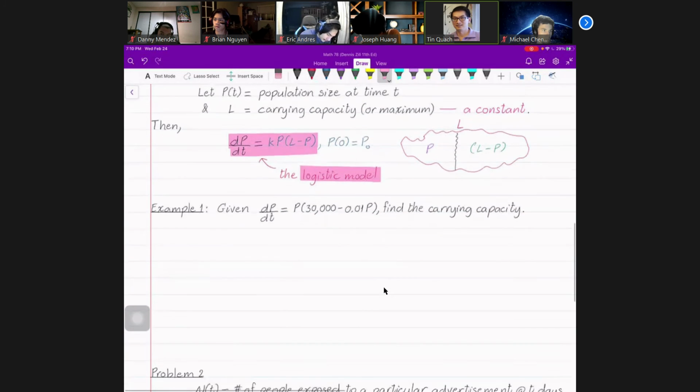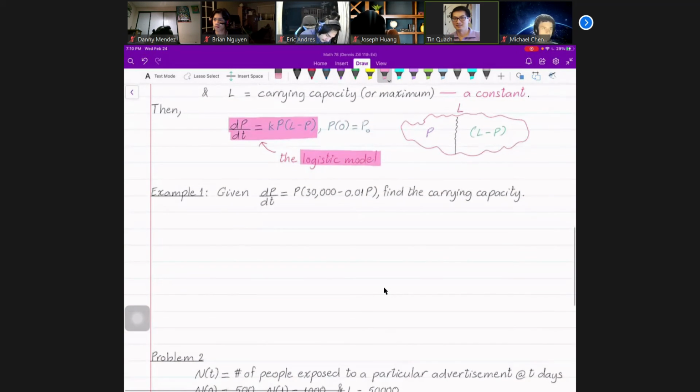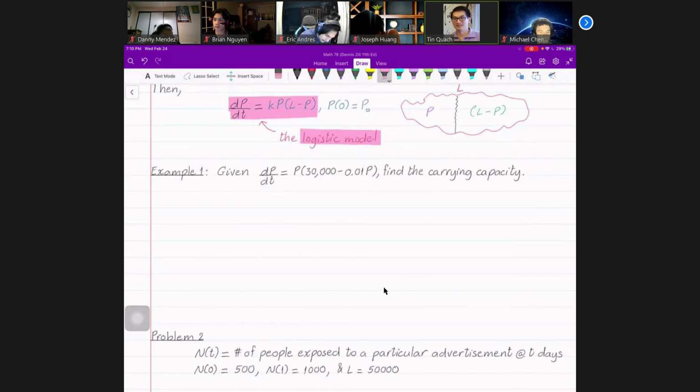So, example 1. I give you this logistic model. How do you find out what the carrying capacity is? To find out the carrying capacity, you have to write it in this form.